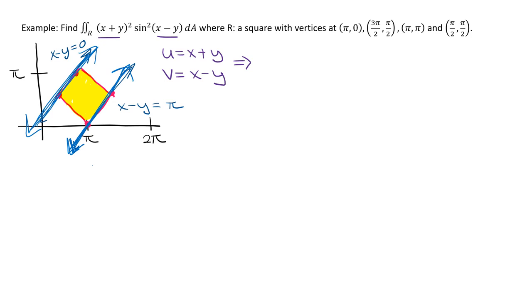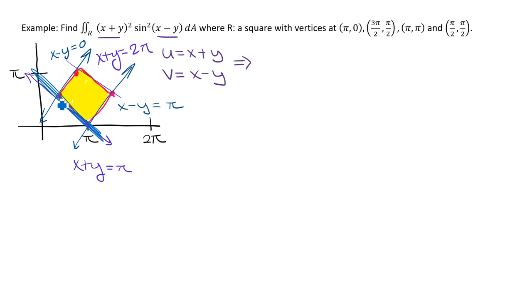So having either our u or our v equal x minus y is a good choice, because then the v's are going to go from 0 to pi. So using x minus y as a transformation is a really good choice. The other lines on my boundary are this one down here on the bottom, x plus y equals pi, and the one on the top is x plus y equals 2 pi.